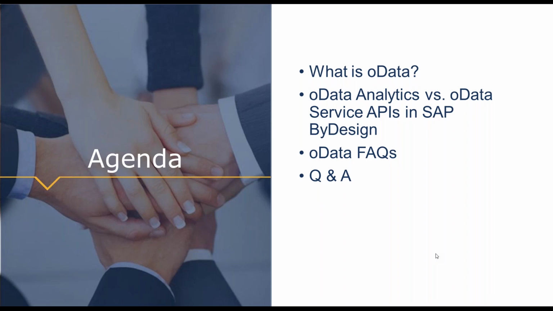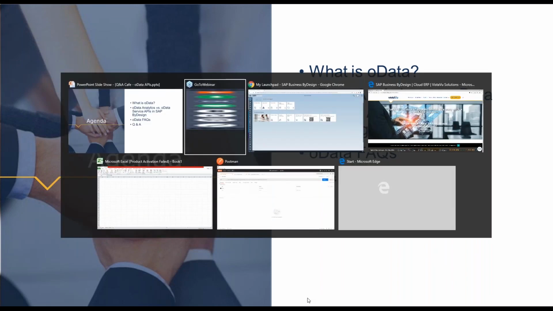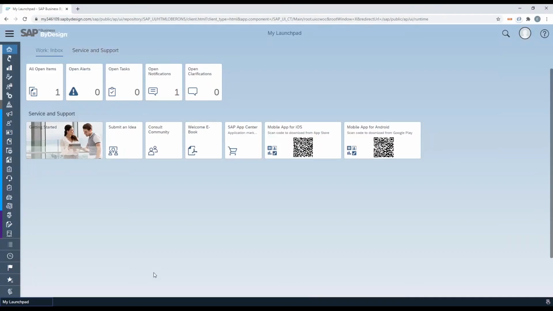Some OData FAQs, and then we move on to Q&A. Somewhere in between there, we'll hop into SAP ByDesign and take a look at these services. Okay, so I am now sharing SAP ByDesign.